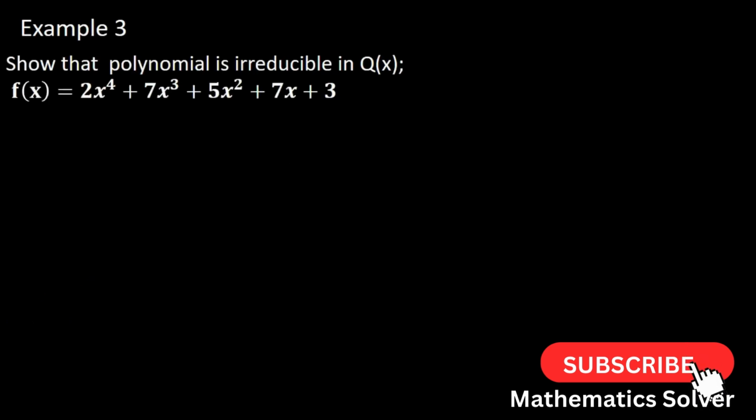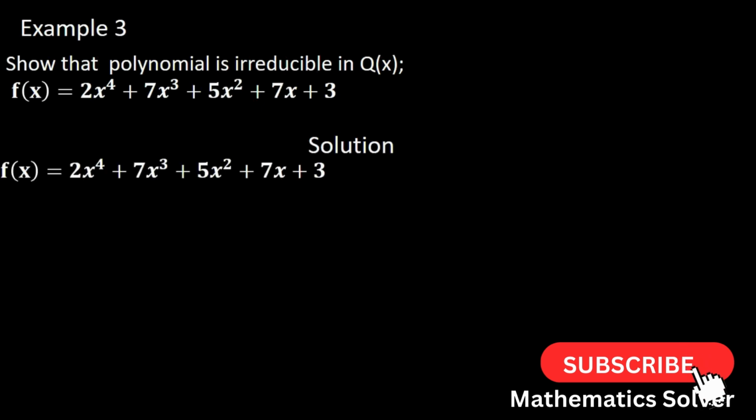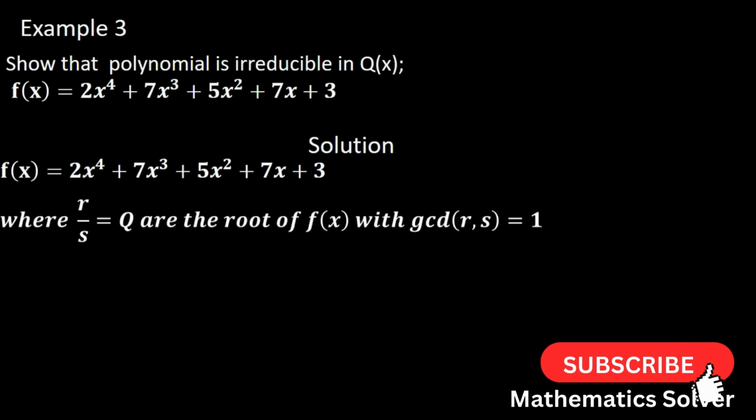Let's solve our last example. We are asked to show that the polynomial given below is irreducible in Q of x. Let's solve it. First we let f of x be our polynomial, and r over s is a root of f of x with greatest common divisor 1.